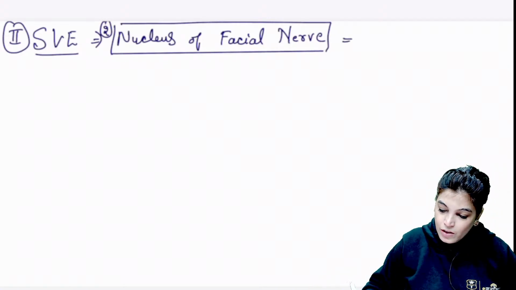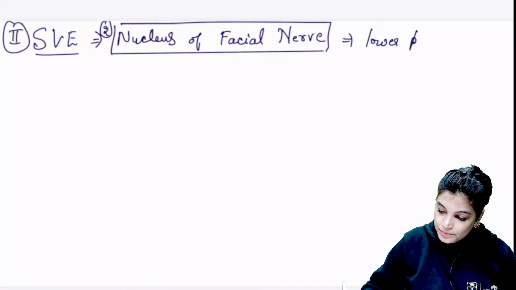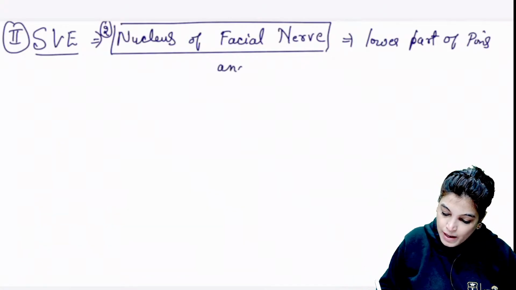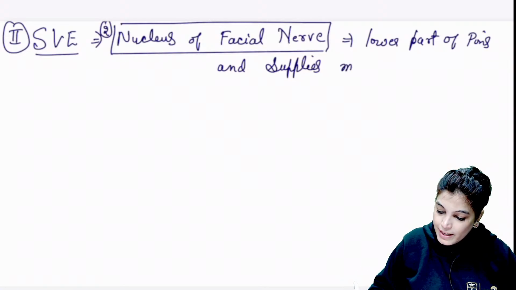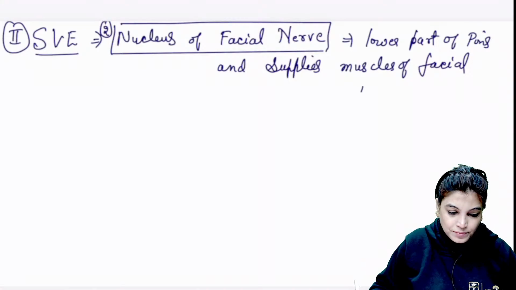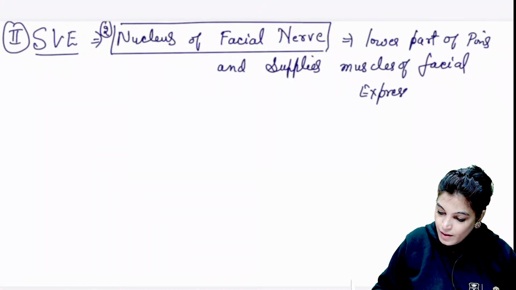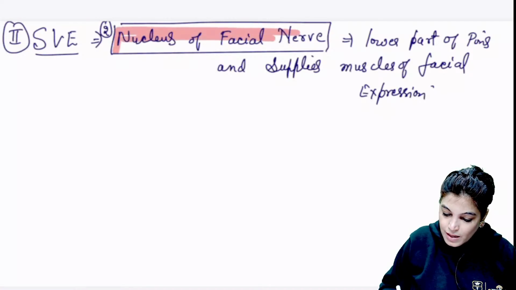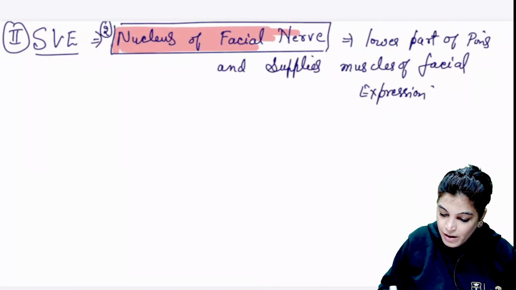It is located in the lower part of the pons and supplies the muscles of facial expression. So we are done with the second cranial nerve nucleus in this category.